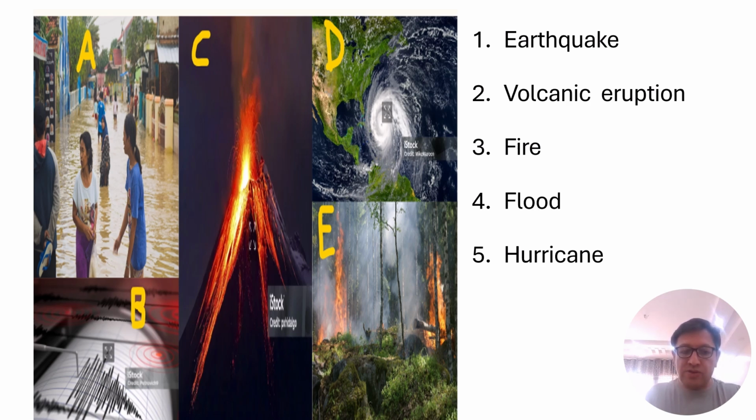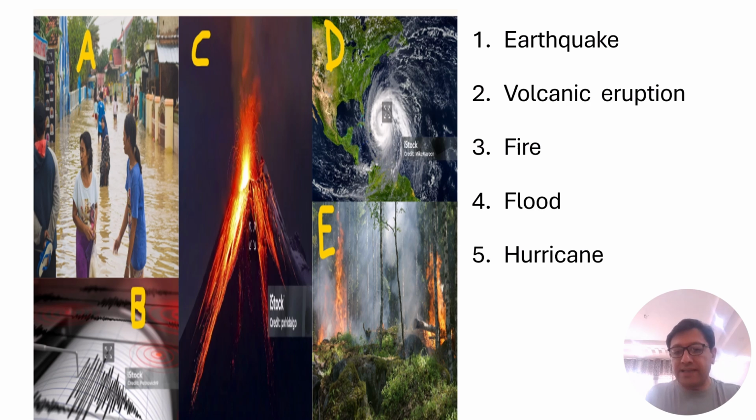And which image describes fire? Oh, that's a type of fire, a forest fire in E. Yeah, exactly. That's true. And which one of them describes flood? A flood in D. Yeah, maybe you say that because of the water, but that's probably not flood.